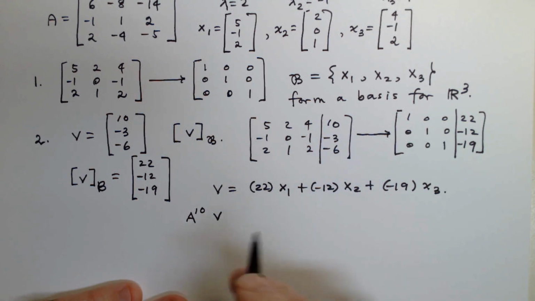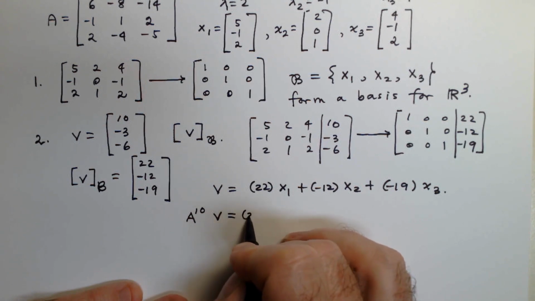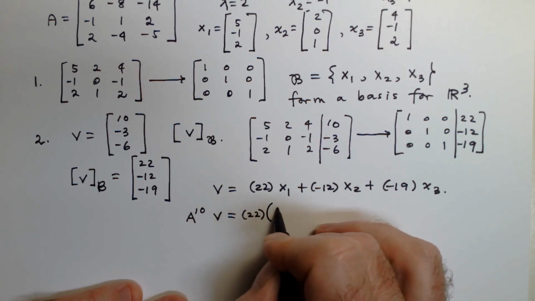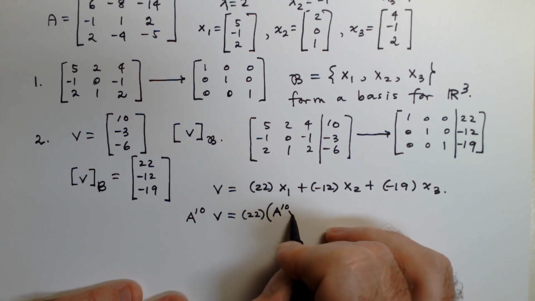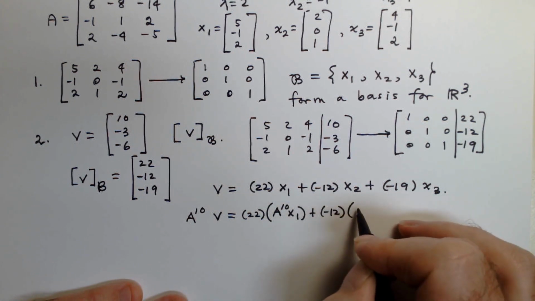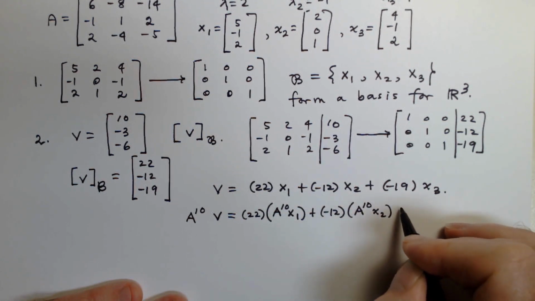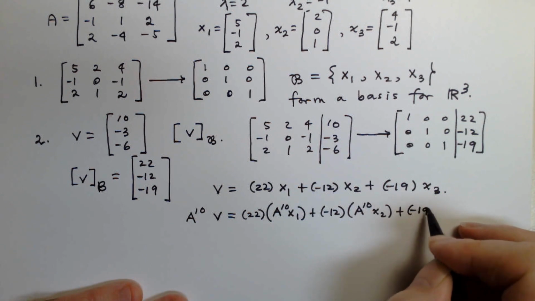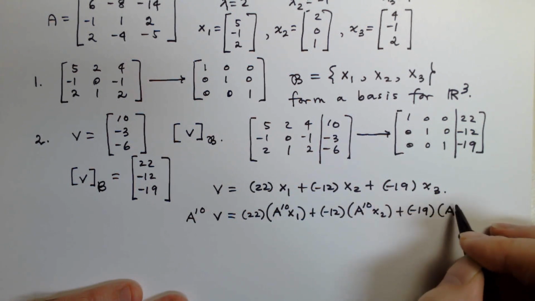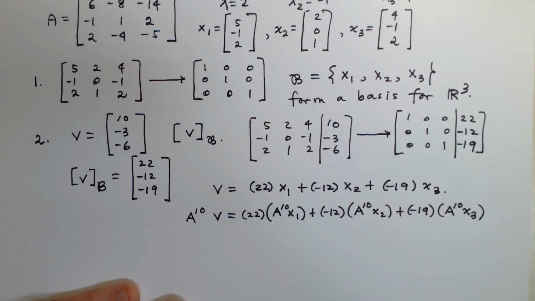So the 10th power of A applied to v is the same as 22 times the 10th power of A applied to x1, negative 12 times the 10th power of A applied to x2, and negative 19 times the 10th power of A applied to x3.